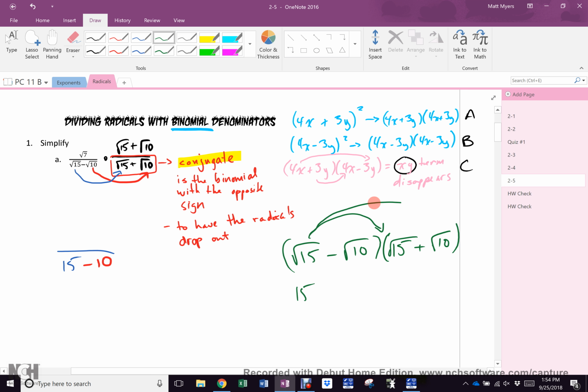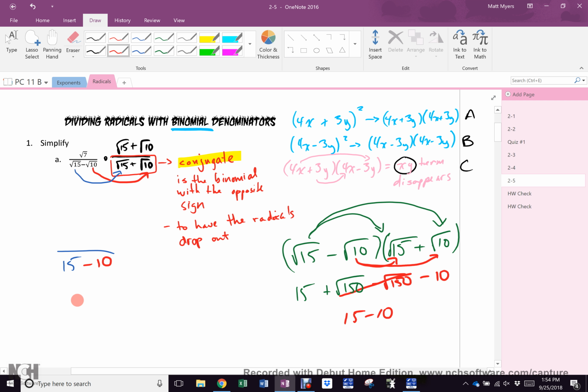Root of 15 times the root of 15 is what? 15. Root of 15 times the root of 10 is positive root 150, correct? Root of negative 10 times the root of 15 is what? Negative root 150. Root of negative 10 times the root of positive 10 is negative 10. Positive 150 minus 150. What happens? Gone. What's left? 15 minus 10.